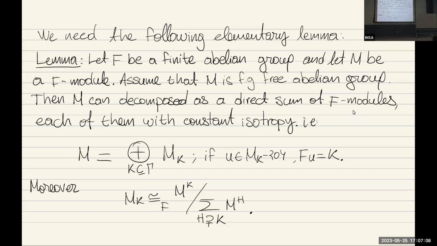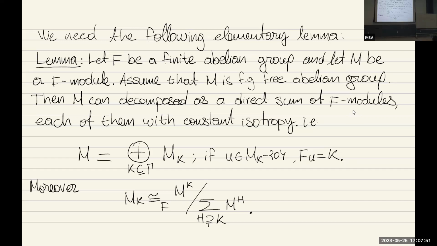It means that M is equal to a direct sum of modules M_K, and if we take a non-zero element in M_K, the isotropy group is equal to K. And moreover, this M_K is isomorphic as an F module to the fixed point group corresponding to K, divided by the fixed point sets of bigger groups. Okay.